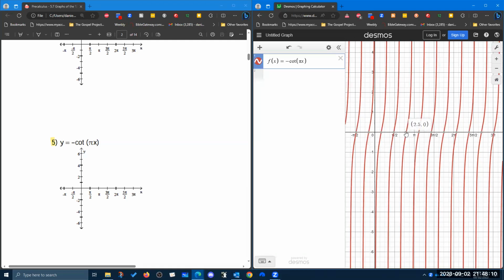And the asymptotes are now at 0, 1, 2, and so on, halfway in between these x-intercepts.